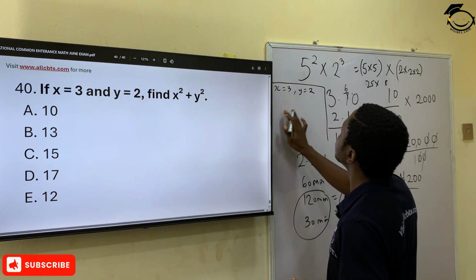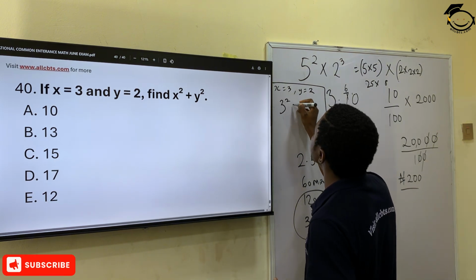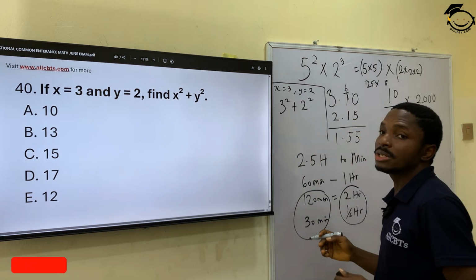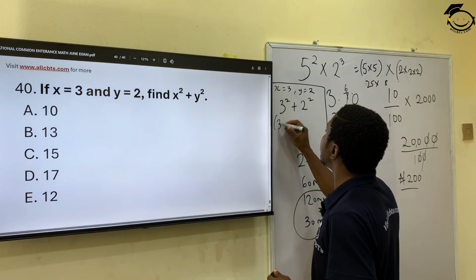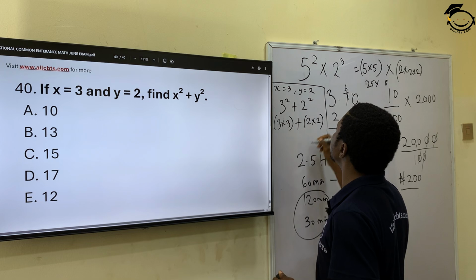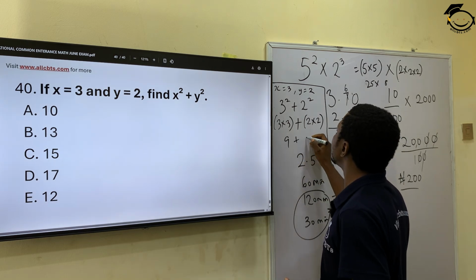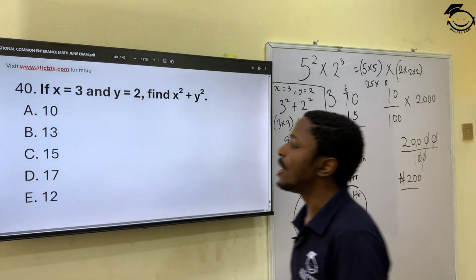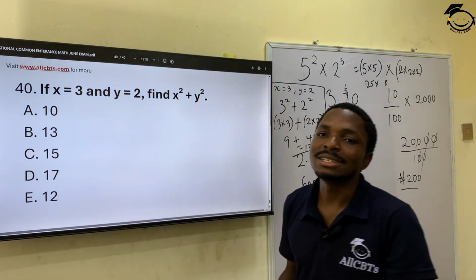We substitute x for 3, raised to power 2, plus y, which is 2, raised to power 2. So 3 raised to power 2 is 3 times 3, plus 2 times 2. So 3 times 3, 9, plus 4 equals what? 13. So your answer is 13, B.